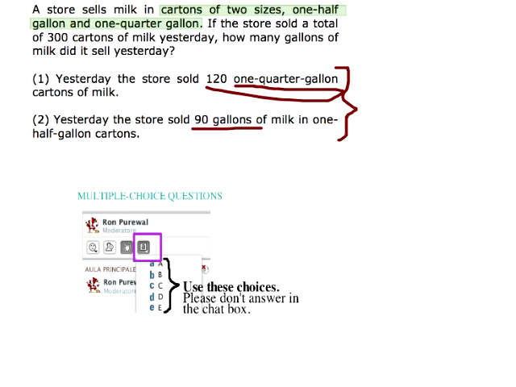All right, let's do that. Let's say that H is the number of half-gallon jugs, H for half, and let's say that Q is the number of quarter-gallon jugs.